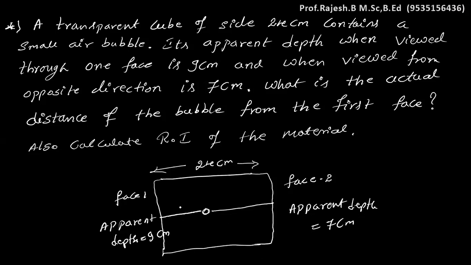But we don't know its real depth. Let the real depth be x. Real depth will be x, that is the question mark, we don't know that. Then the remaining distance is 24 minus x. Got it? So this is the problem.